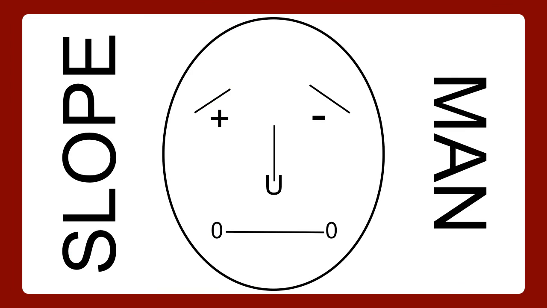Or you could look at slope man. If you're going uphill, it's positive. If you're going downhill, it's negative. If you have a vertical line, it is undefined. And if you have a horizontal line, it is 0. These are just graphics to help remember the types of slope.